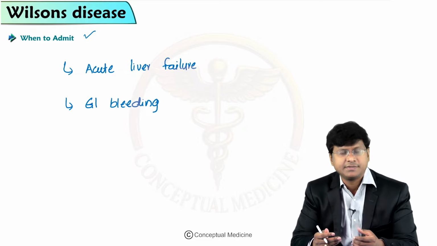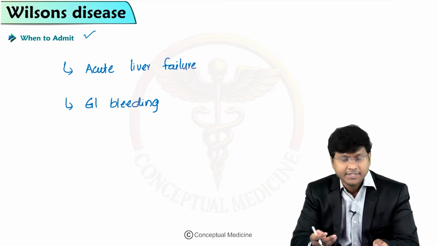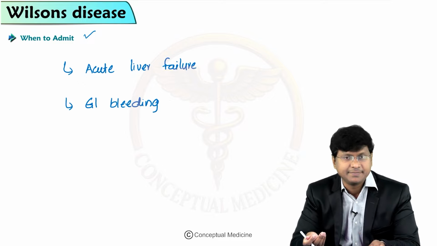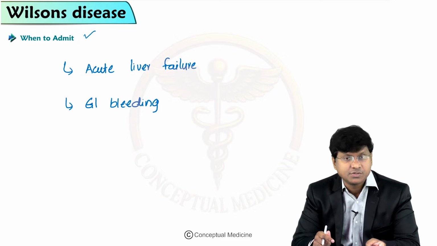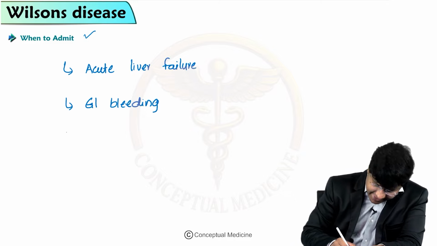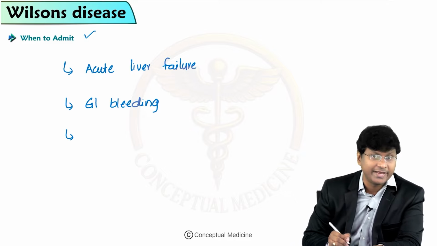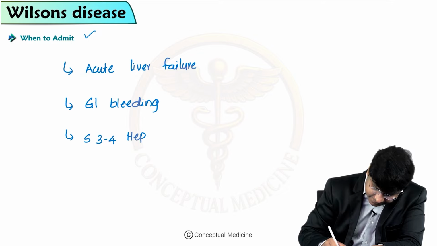Gastrointestinal bleeding can be seen as a complication of cirrhosis of the liver. These individuals develop portal hypertension, and secondary to portal hypertension there can be esophageal varices causing hematemesis, or hemorrhoids with melena or blood in the feces. And you have to admit the patient when the individual develops stage 3 to 4 hepatic encephalopathy.